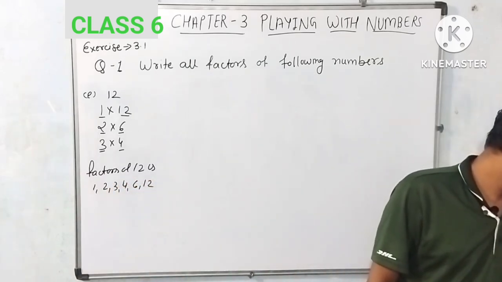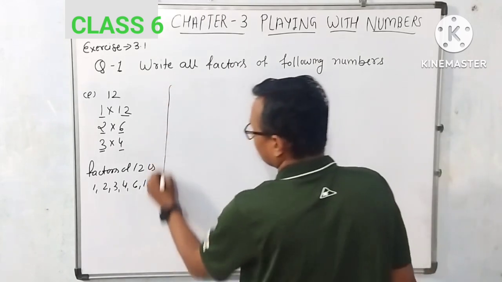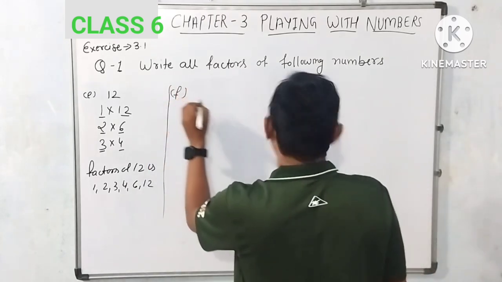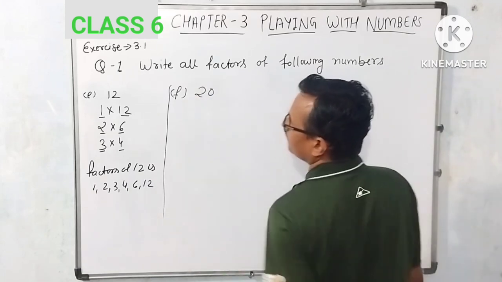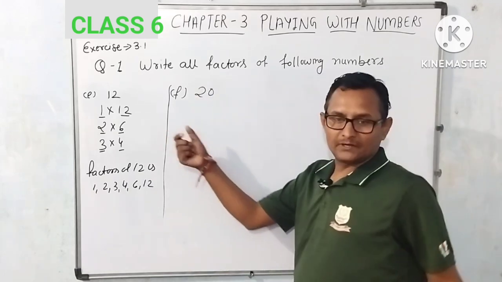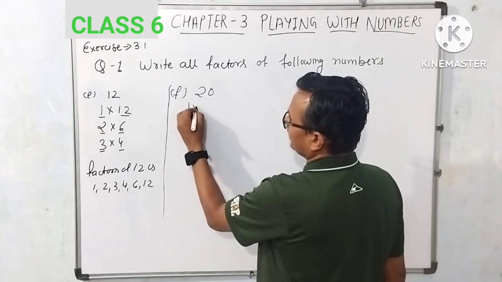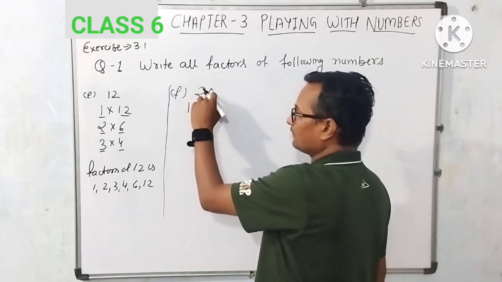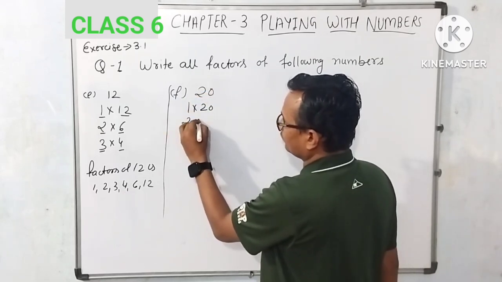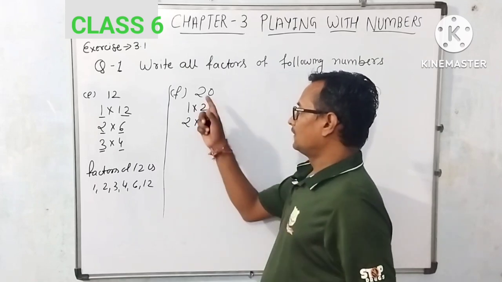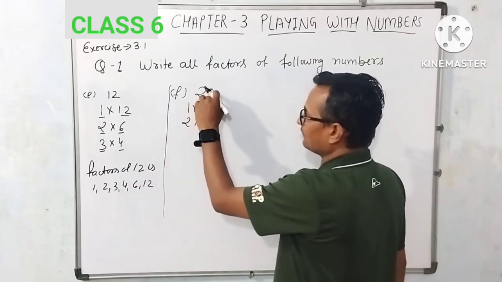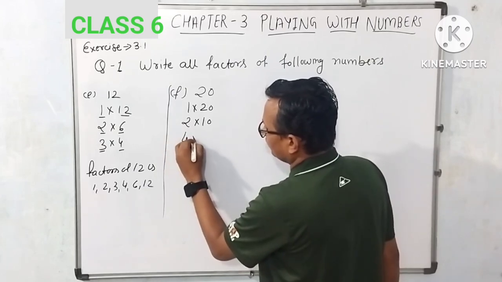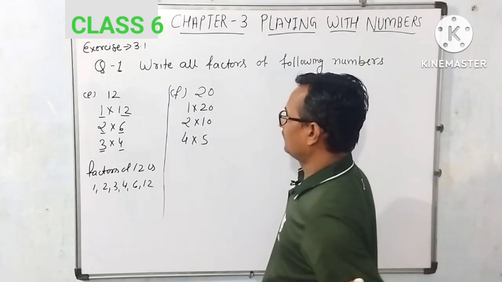Again we have to do another question. F, 20. Again we have to start from 1. 1 into 20. 20 comes in the table of 2, so we can write 2 into 10. It does not come in the table of 3. 20 comes in the table of 4, so 4 5s are 20.